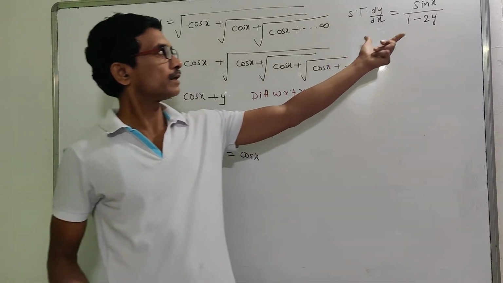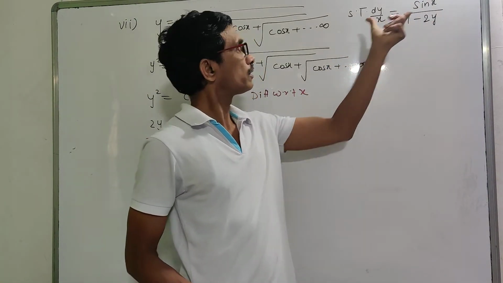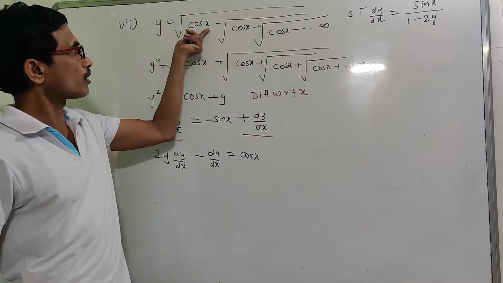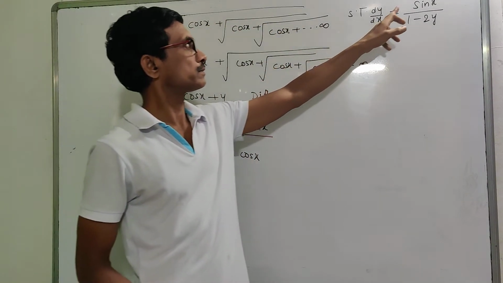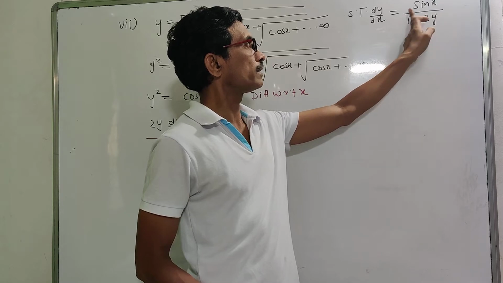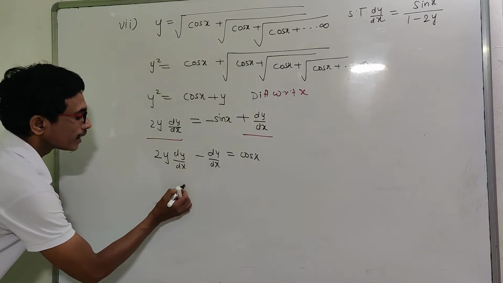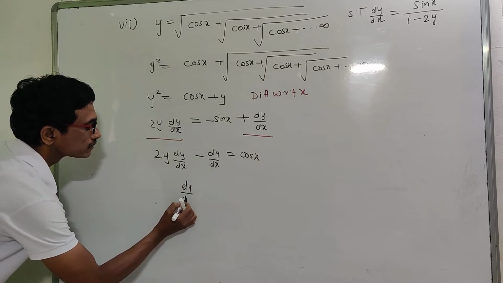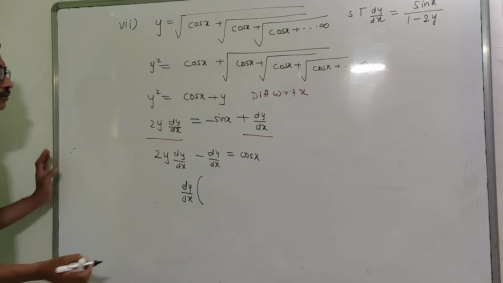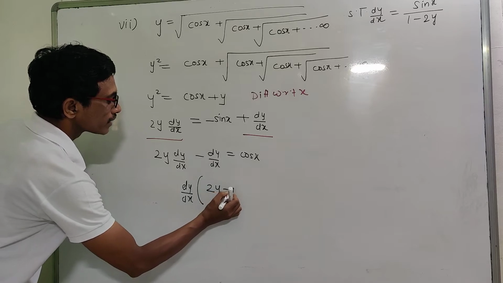Usually the derivative of cos x is minus sin x. So the right hand side should be minus sin x.